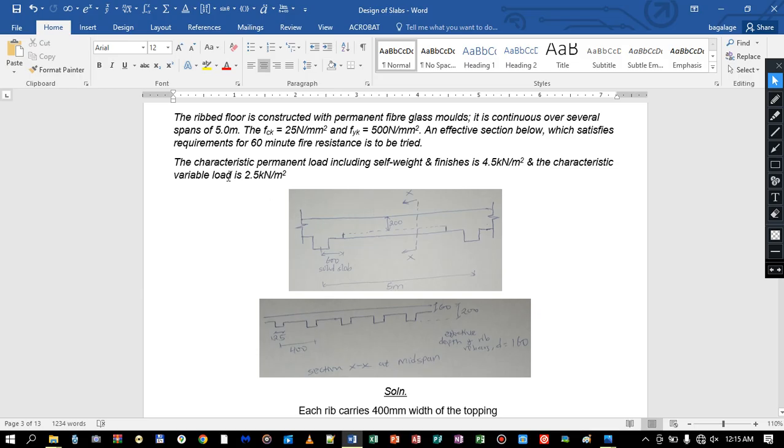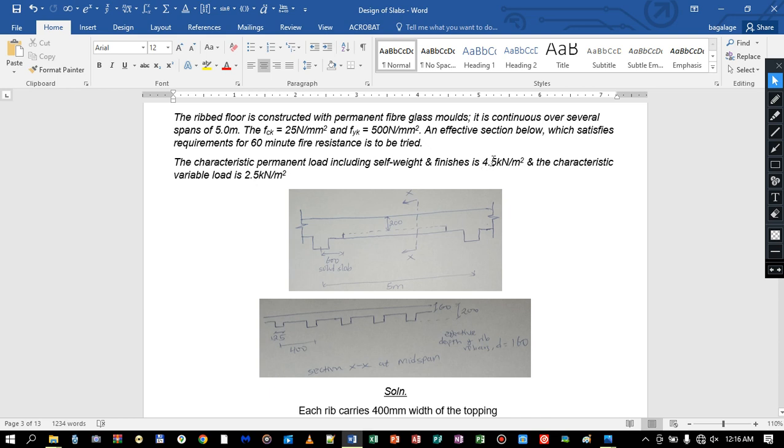So to go back to our question, the correct permanent load including self-weight and finishes is 4.5. Note that when you are doing your project you have to calculate these values, and also get this value from your country code.